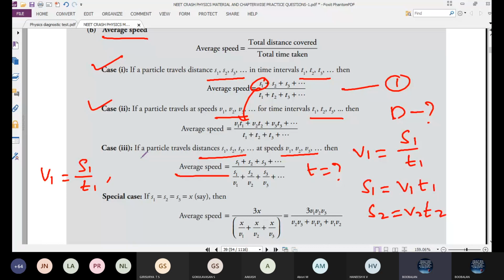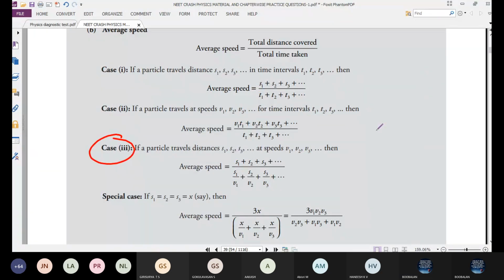Third case, v1 equal to s1 divided by t1. Then t1 equal to s1 divided by v1. This is equation number 2.